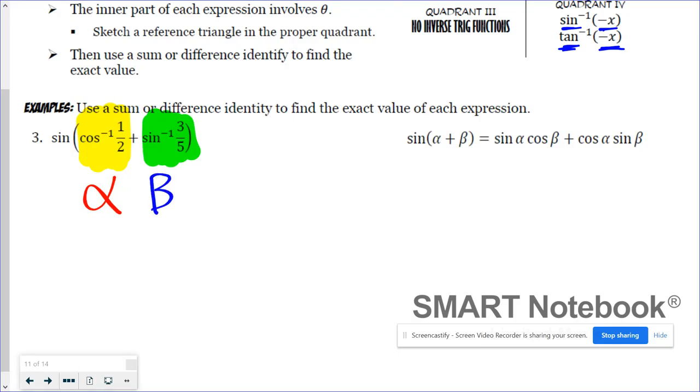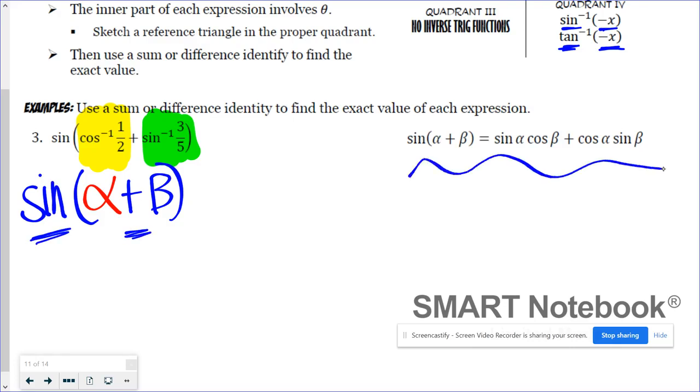So the inside of my parentheses will give me alpha plus beta, and on the outside is sine. So I'm working with sine of a sum, which explains why I have that formula written over here, because that's what I'm going to use.